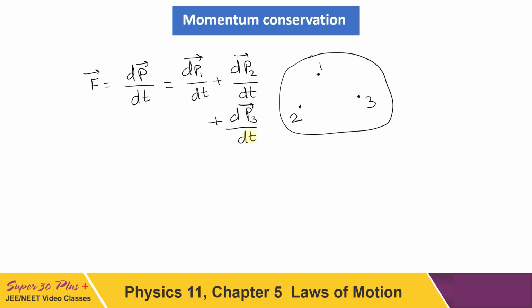Now, what is this dp1 by dt? It should be the force on 1, because the rate of change of momentum of particle 1 has to be equal to the force applied on 1. So this is F1, and similarly dp2 by dt can be written as F2 and the third one as F3. So from here we got net F, or net dp by dt, is equal to F1 plus F2 plus F3.